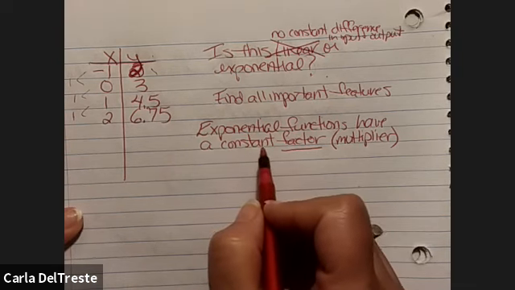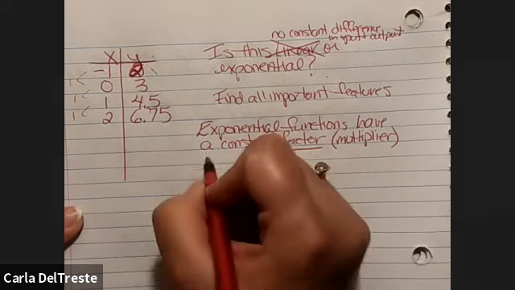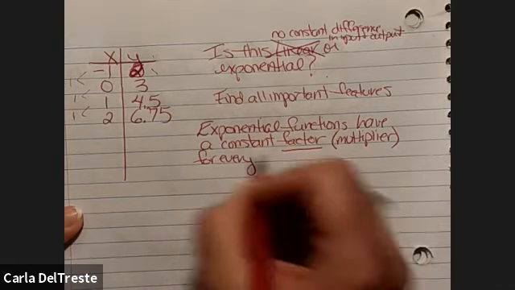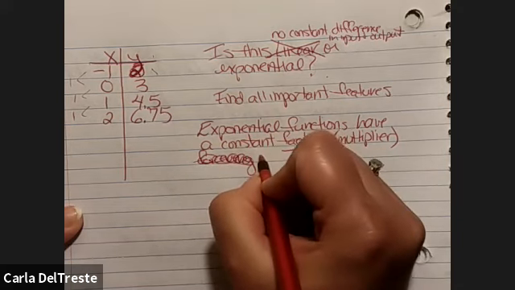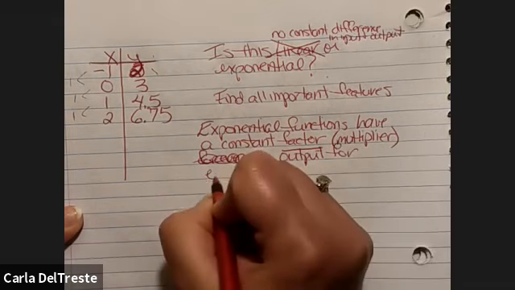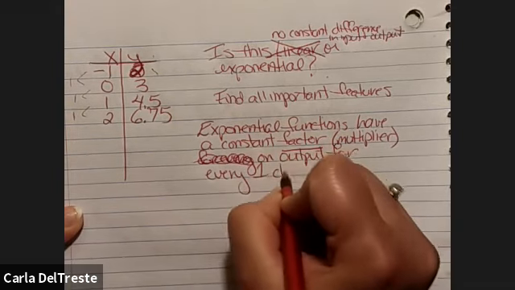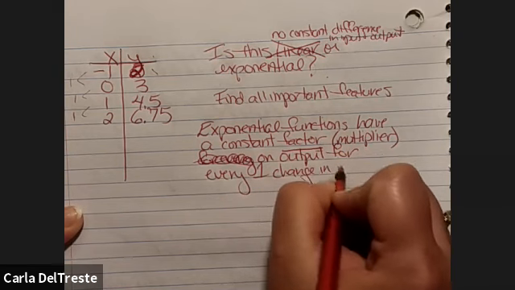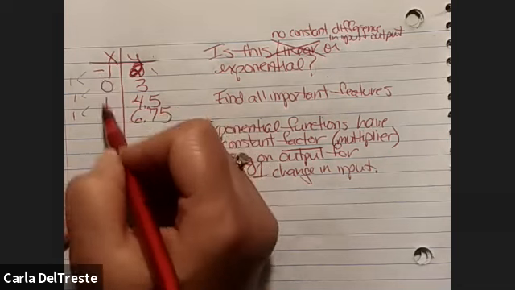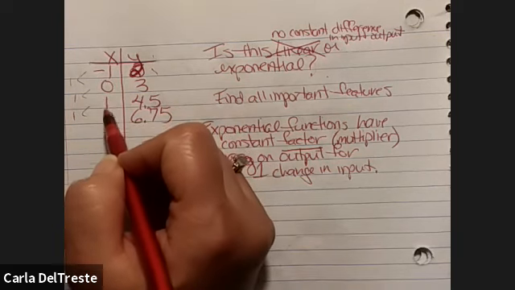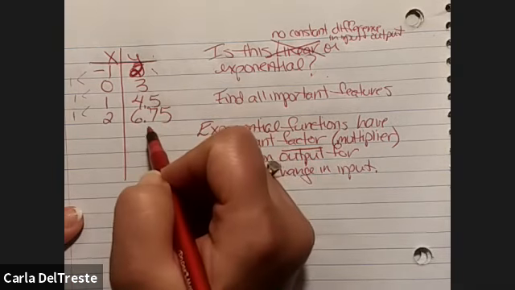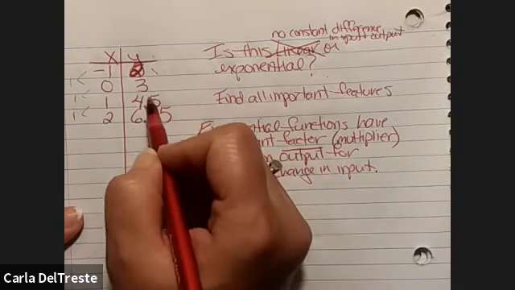I'm looking to see if there's a constant multiplier on output for every one change in input. So first, let's see if we've met that requirement. We do have a one change in input. Excellent. So now we have to see if we have a constant multiplier as we move on.